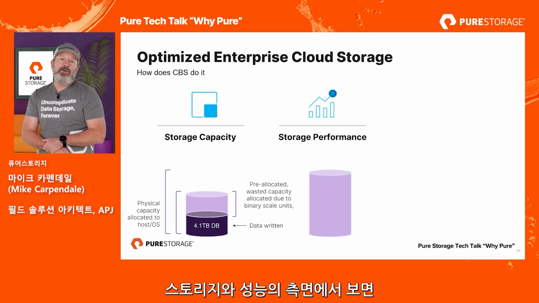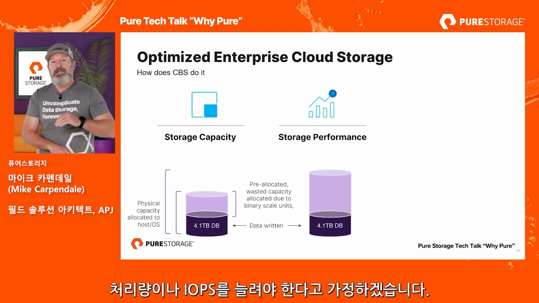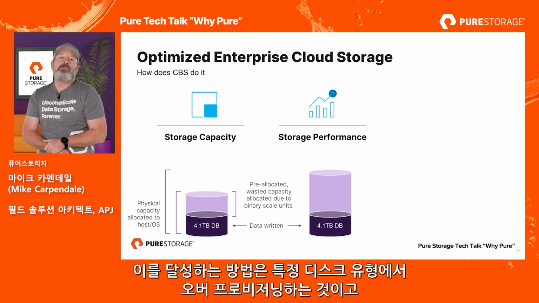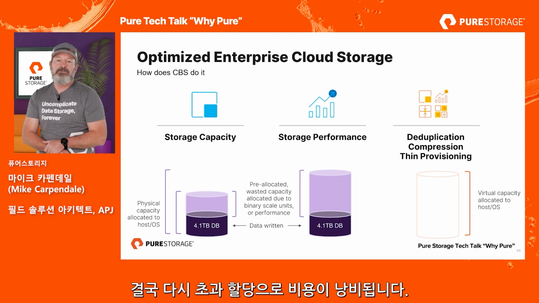If we look at this from a storage and performance perspective, say I still needed my 4.1 terabytes of data going into that disk, but I needed increased throughput or IOPS. Well, the way to achieve that is to over-provision in certain disk types as well. So again, we are over-allocating and wasting money from that perspective.